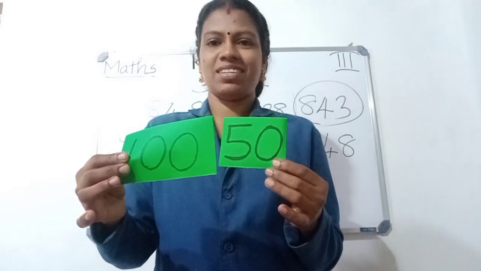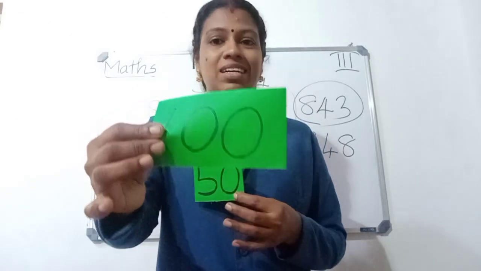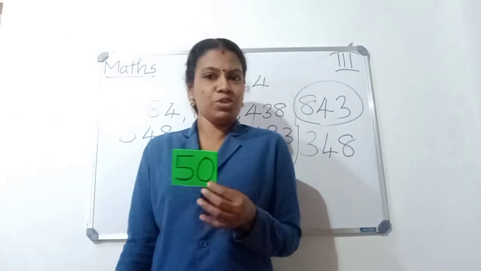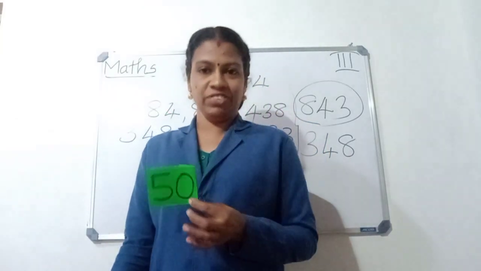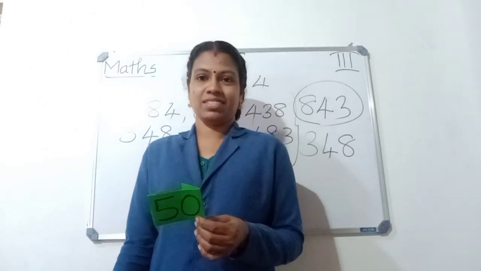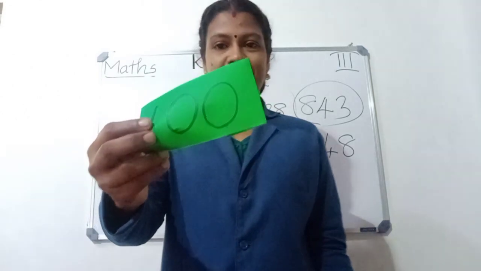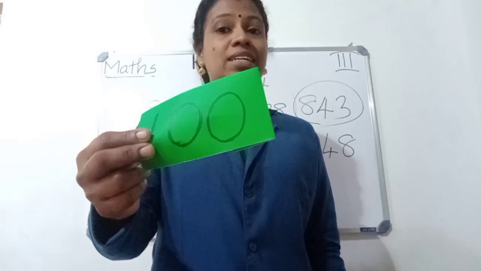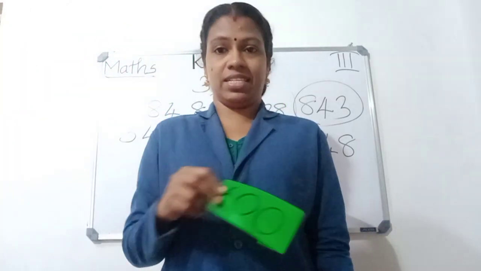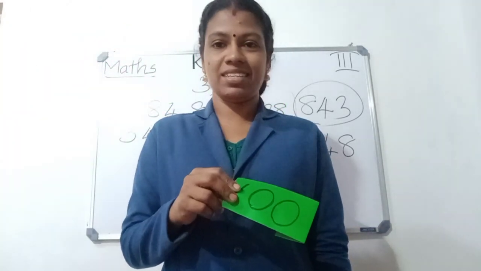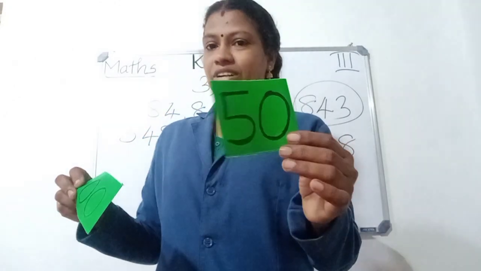Yes. 2 50s. 50 plus 50 make 100. Do you know that? 2 50s make 100. So in 100 there are 2 50s. Isn't it?